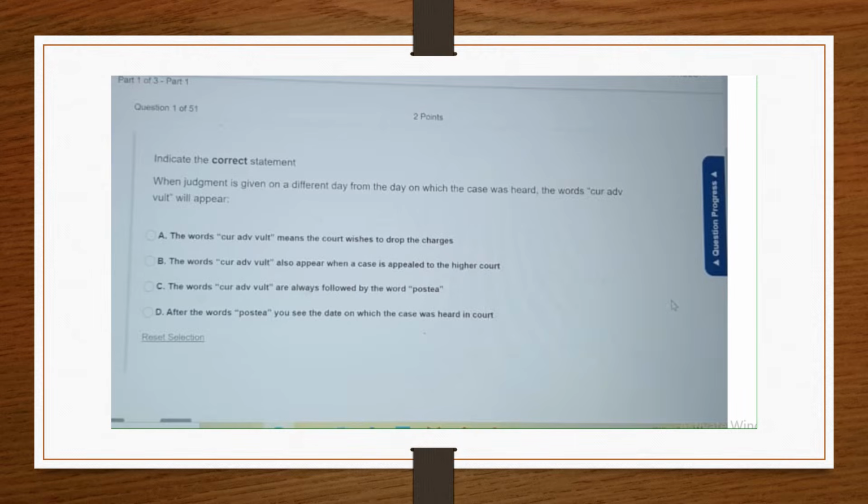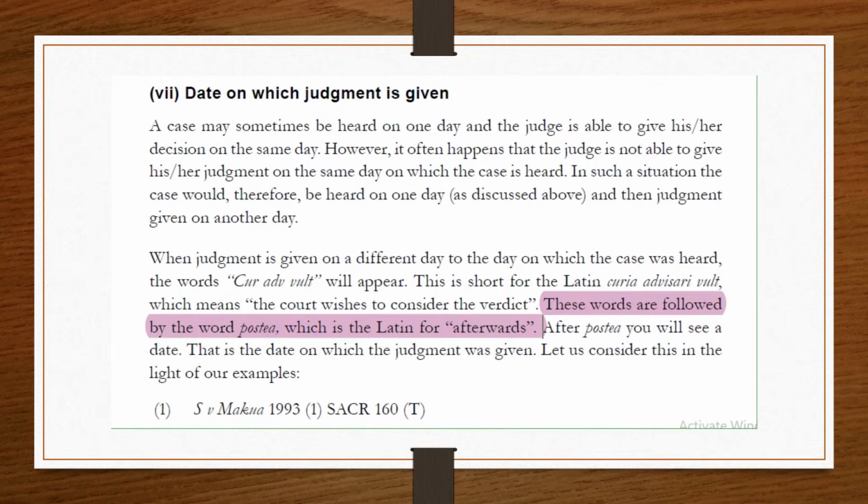All right, now we have to choose the correct answer. My answer is option C, which I found on page 55 of the study guide. Let's just go and check it out. I'll just read there. It says in the second paragraph, when judgment is given on a different day to the day on which the case was heard, the words curia advisari vult will appear.